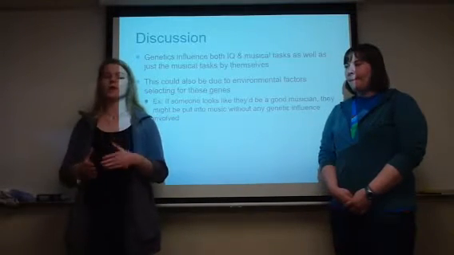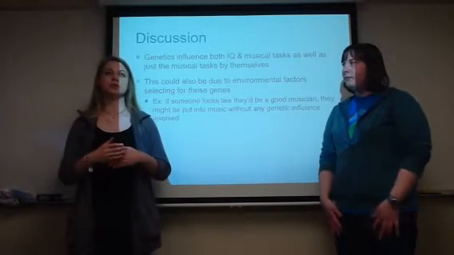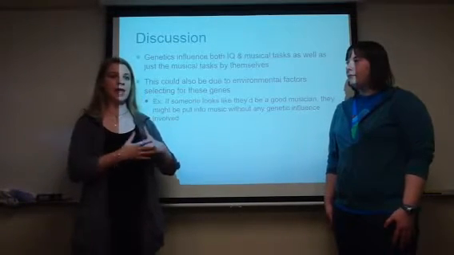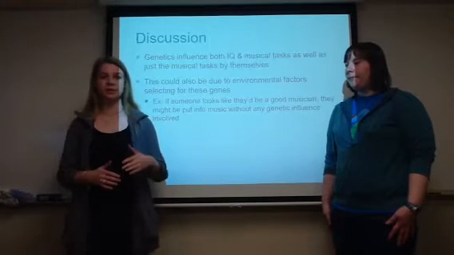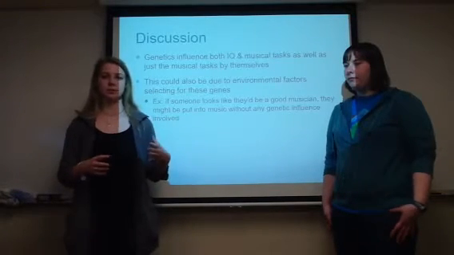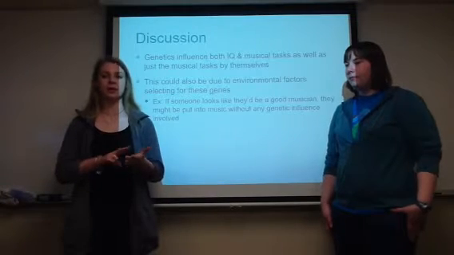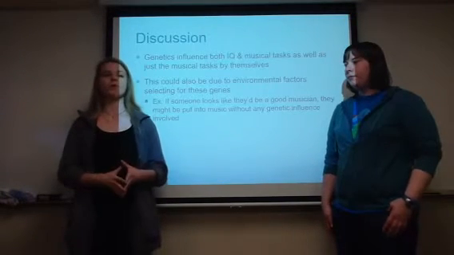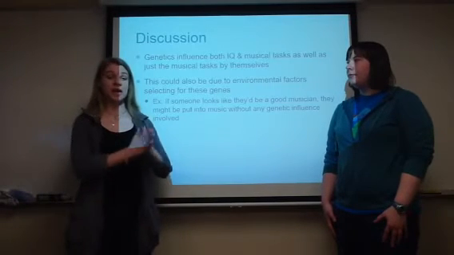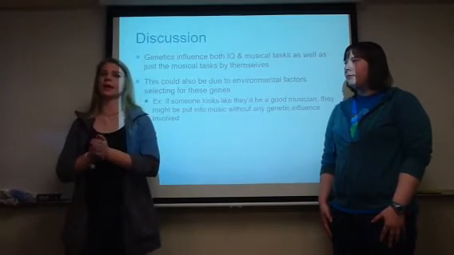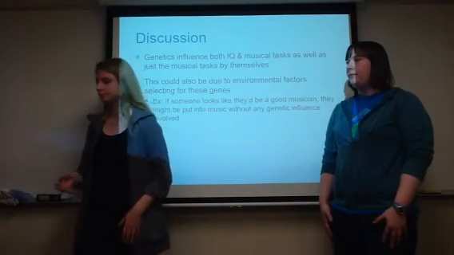Therefore, their environment predisposes them to being good at playing cello, and therefore they develop music discrimination skills and are good at discriminating between melody, pitch, and rhythm. So overall, the article suggested that it was either due to a genetic influence or an environmental influence.